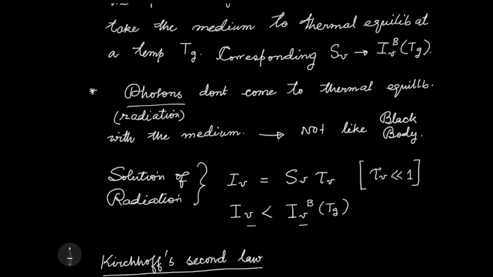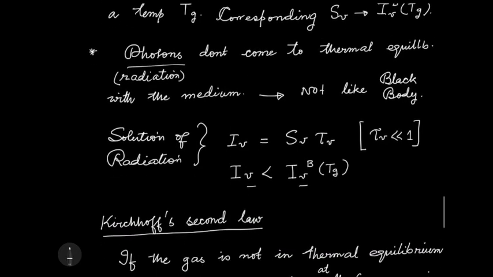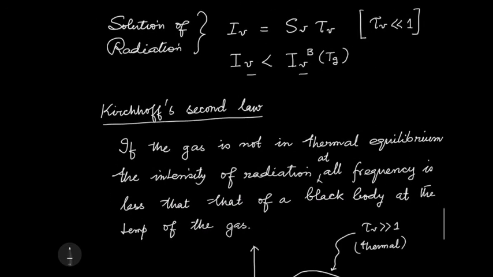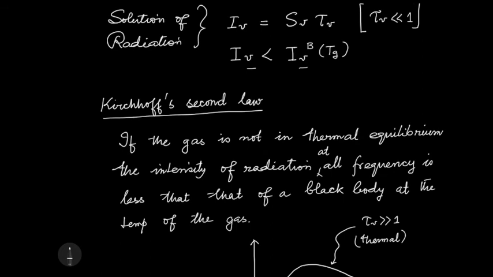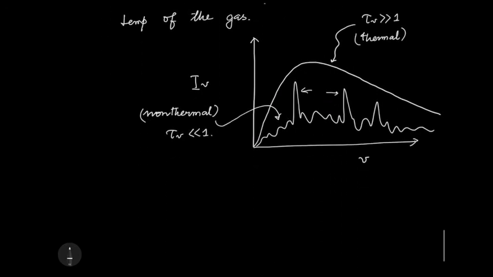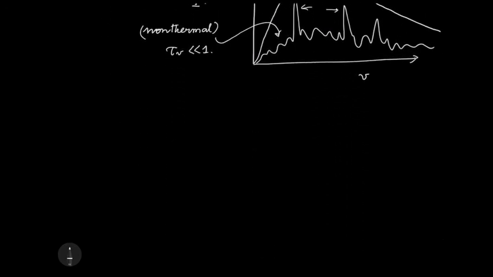On the other hand, if tau nu is much less than 1, then we get non-thermal radiation because the radiation doesn't get thermalized with the gas. The gas may be thermalized at a temperature, say Tg, so it will have a Maxwell-Boltzmann velocity distribution with the temperature Tg, but the intensity of light coming out of that gas will be less than that of a black body at that temperature Tg. And that's what is Kirchhoff's second law.